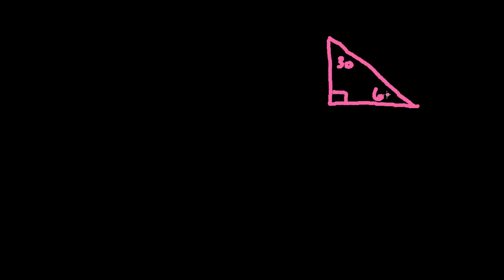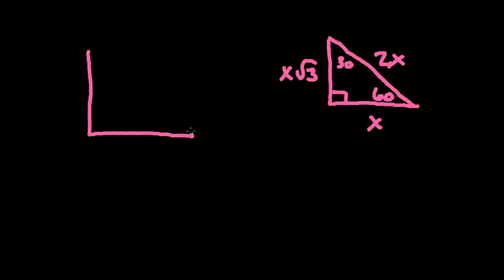(30, 60), opposite the 30 is x, opposite the 60, x square root 3, and 2x. So this time, here's my triangle, and I'm going to put the 30 up here and the 60 here, and I'm going to make this side a 6.